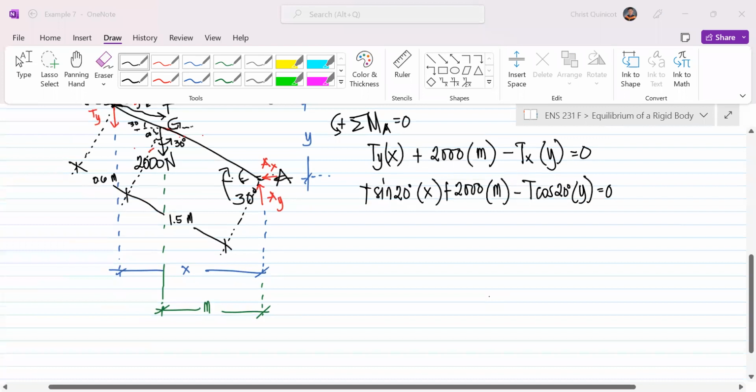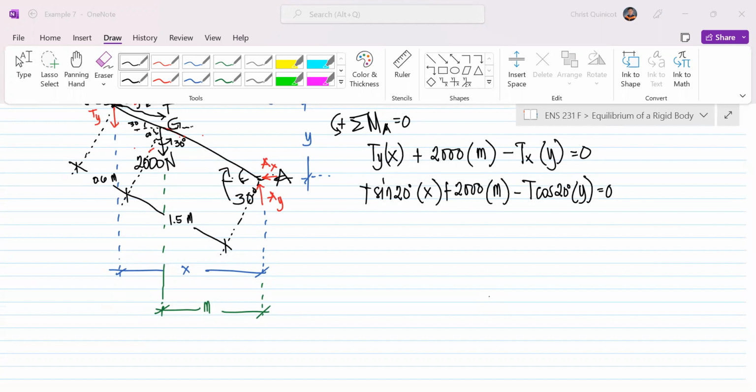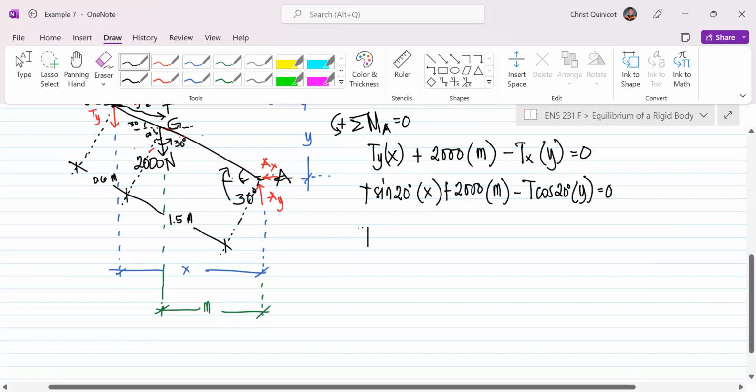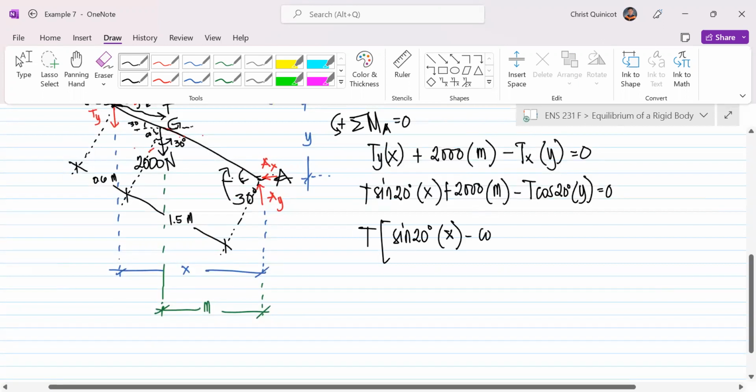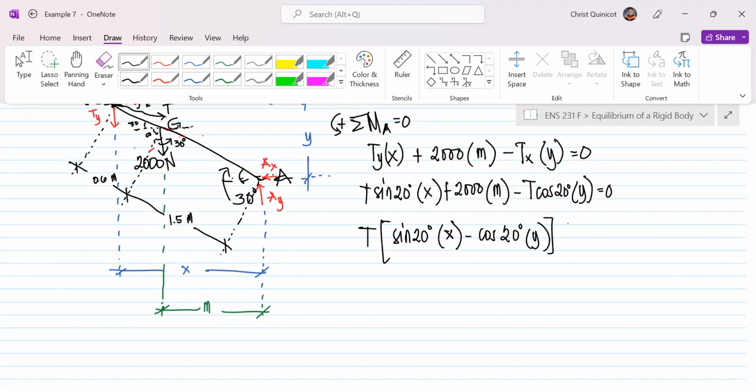Now, if you can observe, our sine 20 times X and cosine 20 times Y have a common factor, which is T. So we factor out T. And this becomes T bracket sine 20 times X minus cosine 20 degrees times Y plus 2000 times M equal to 0.